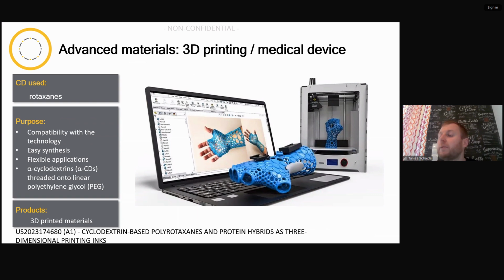A very big application, but I only have one slide about it. So advanced materials with cyclodextrins. Cyclodextrins are used in a lot of different kinds of advanced materials, coatings, car paints, 3D printed materials, medical devices, and so on, as the building blocks of these systems. And this is a patent about 3D printed medical devices. Here, a very specific type of cyclodextrin is used. It's called rotaxane or polyrotaxane.